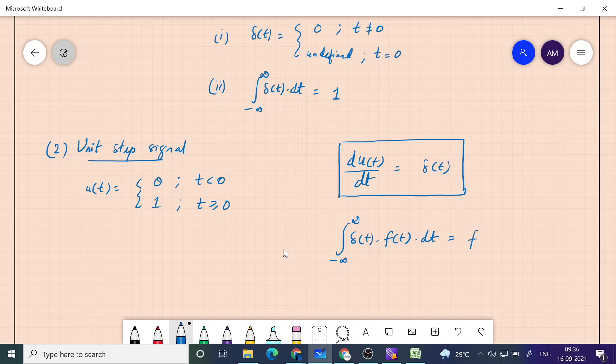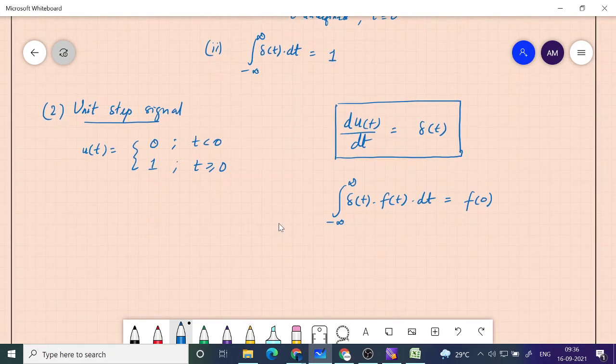So this will give you f of 0. This can also be generalized by shifting the position of the impulse function, in which case we have the integral of delta of t minus tau times f of t dt, and this gives you f of tau. So this is called the sampling property of the impulse function.